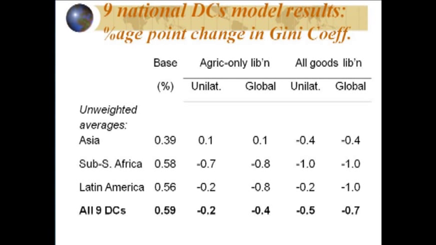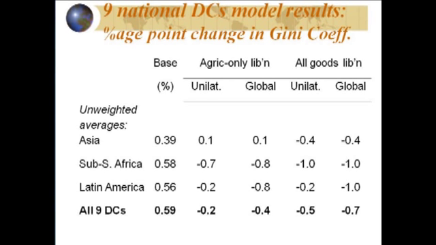You can have a look at those, but here's just the overall results, again for agriculture on its own and for all goods liberalisation. And again, the signs here are almost all negative, suggesting that inequality is reduced as a consequence of these reforms. And again, if you look at the bottom line, about half of the inequality reduction comes from own reform and about half from the rest of the world.